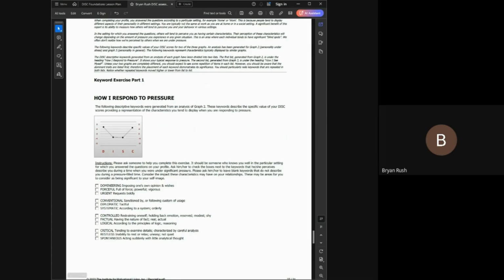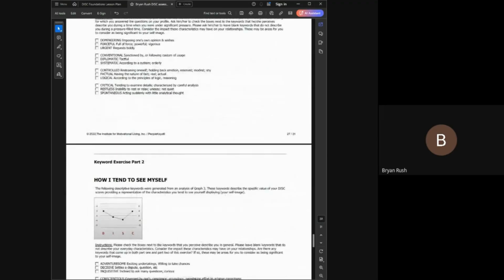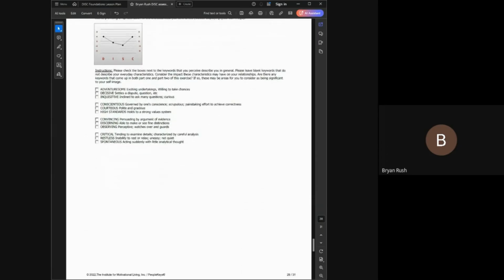You say, okay, put a check mark by the words that reflect how I show up whenever things are high pressure. And this should be someone that knows you well, so they can give an accurate assessment without you blowing up on them, an accurate assessment of how you're showing up and how you're responding to pressure. So there's that one. And then this part you fill out on page 28.